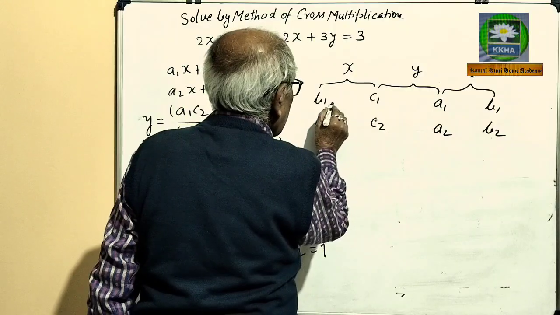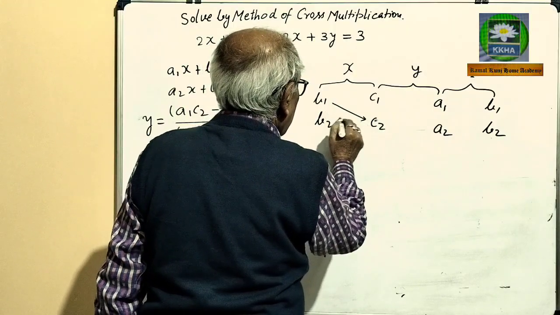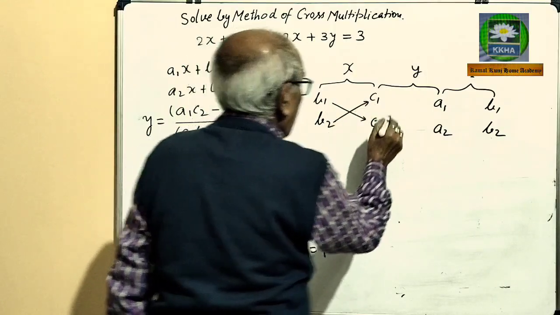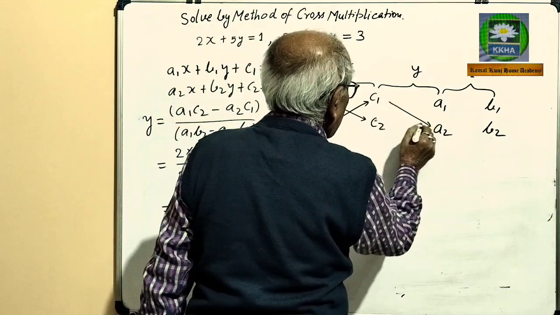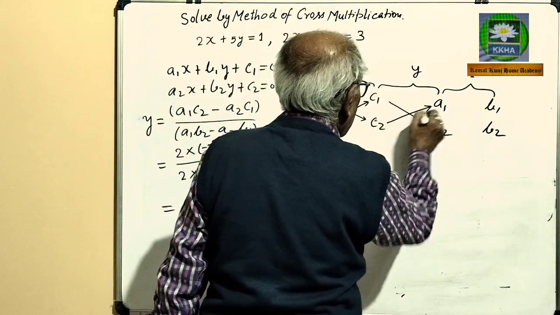Cross multiplication: this is multiplied by this minus the product of this.